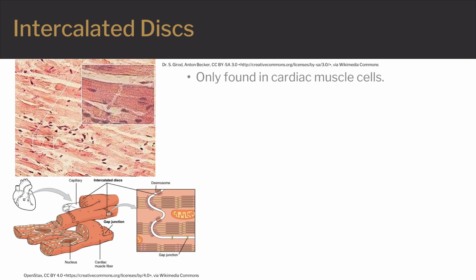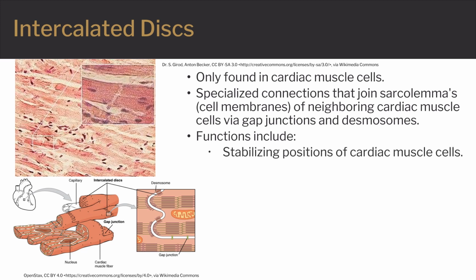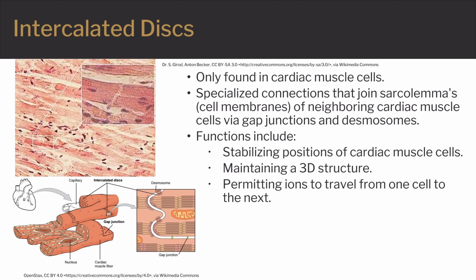Intercalated discs are found only in cardiac muscle cells and are specialized connections that join the sarcolemma of adjacent cardiac muscle cells by gap junctions and desmosomes. Their functions include the following: stabilizing the positions of adjacent cells, maintaining the three-dimensional structure of cardiac muscle tissue, and allowing calcium and sodium ions to move from one cell to another so that cardiac muscle cells beat simultaneously in rhythm.